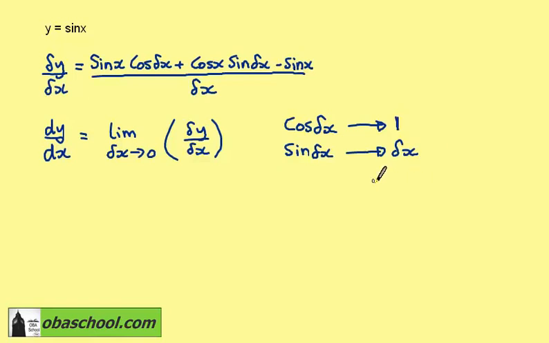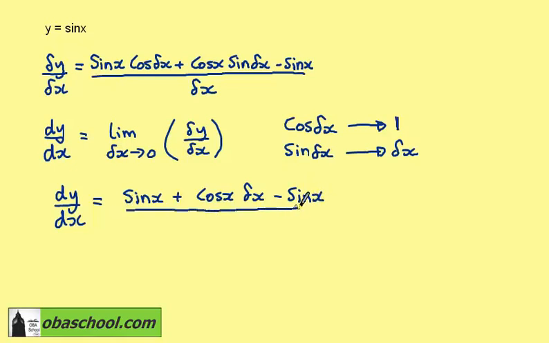Given these results, we can simplify our expression. dy dx, remember, is the limit as delta x tends to 0, so we know the cosine of delta x has become 1, and so the first term is just sine x. The sine of delta x has tended to delta x, so the second term becomes cos x delta x, and we have the minus sine x, all divided by delta x.